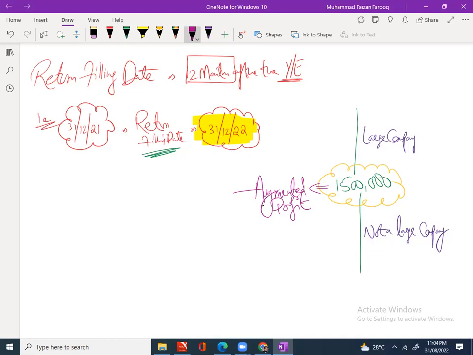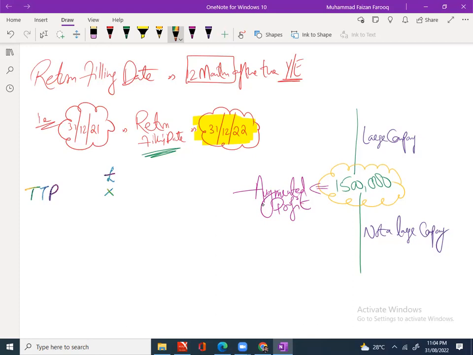Augmented profit is calculated with this formula. You are aware of TTP, taxable trading profit. We are calculating corporation tax liability on the basis of TTP, right?